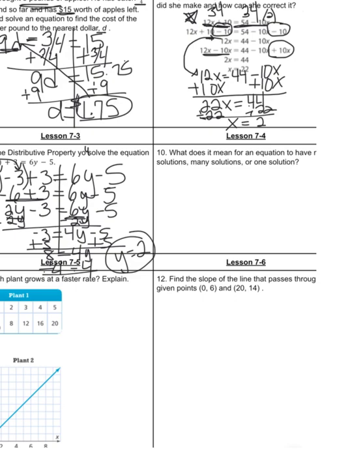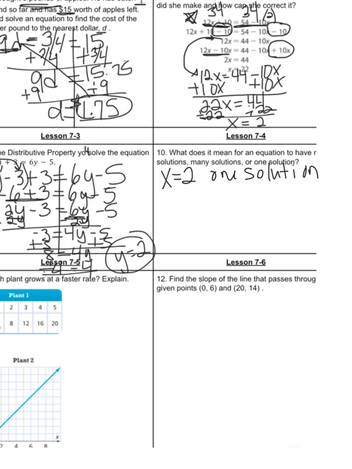With number 10, it says, what does it mean for an equation to have one solution, no solutions, or many solutions? So when we talked about this, remember that something like this is one solution, meaning that there's one answer that would make an equation true.